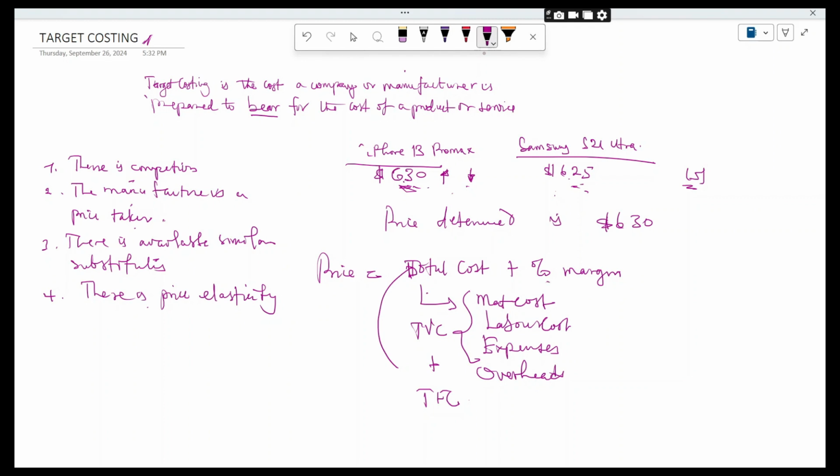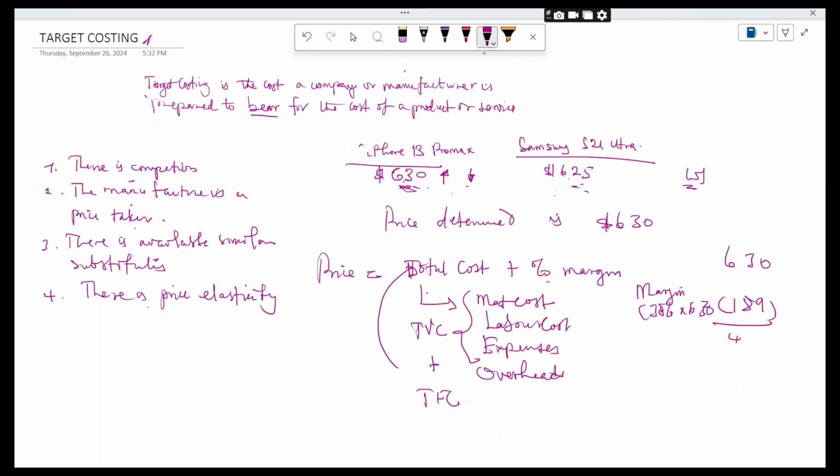So if the company looks at the price of the product at 630, then they will look at their margin. Let's say their margin is 30%. So 30% times 630. Okay, so that will be 189 US dollars. Let's subtract your profit margin from the price, so 630 minus 189.